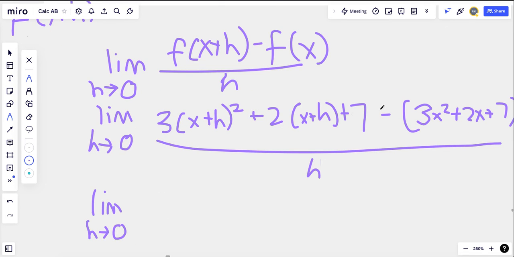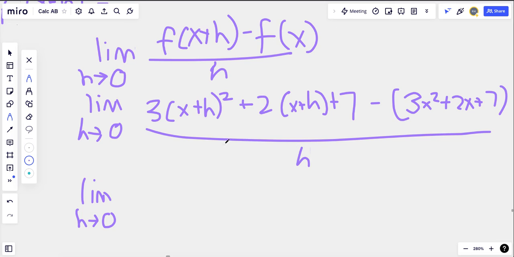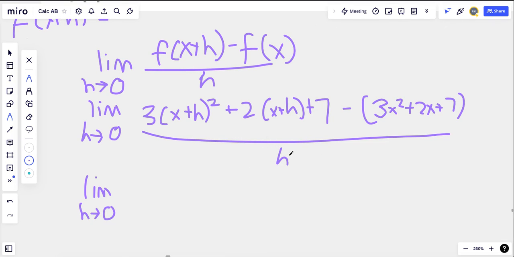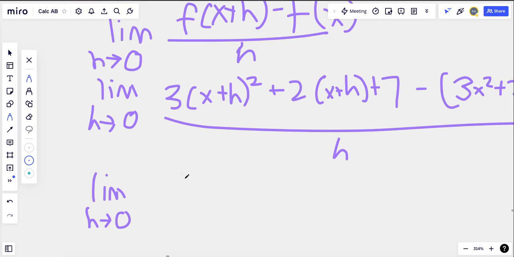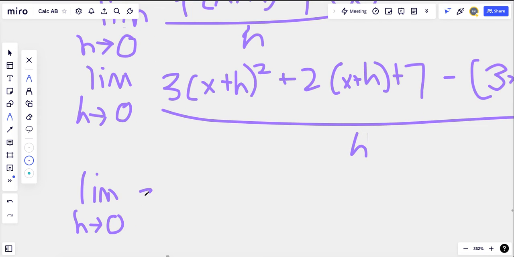And then you're just going to have to expand this and try and simplify it. The goal is that you get rid of this h here so everything else can simplify nicely and you can use this limit. So if you were to expand this, I'll do it all in one step.